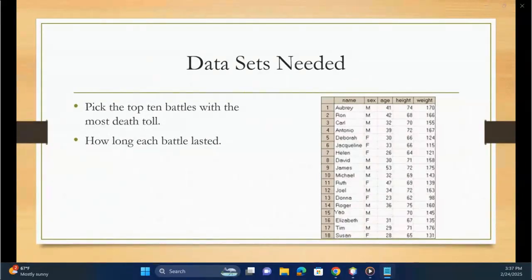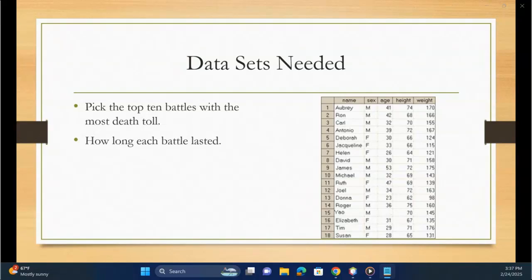Let's say in 2 days, a million deaths occurred in total, while another battle lasted 2 weeks and had the same amount of deaths. I would think the one that happened in 2 days would be the bloodiest.